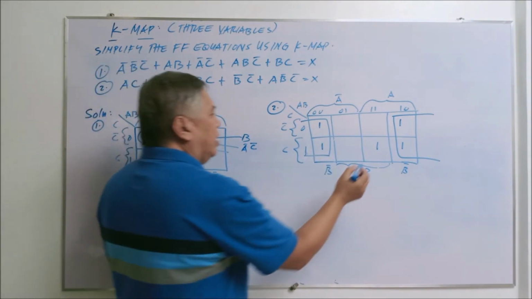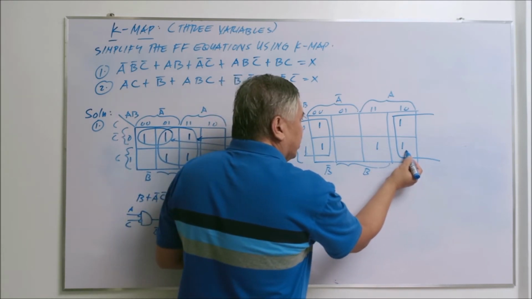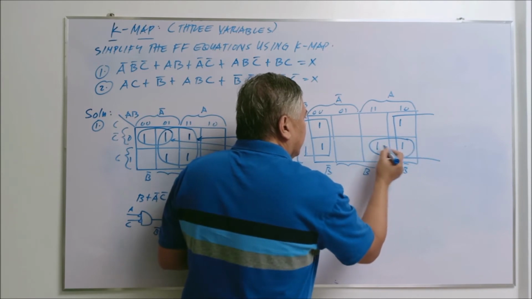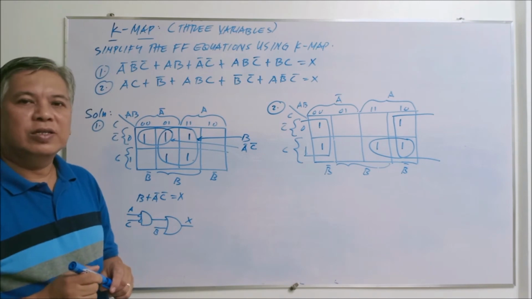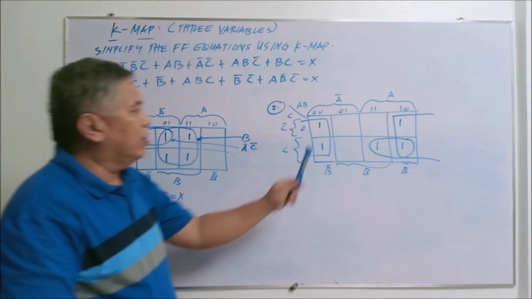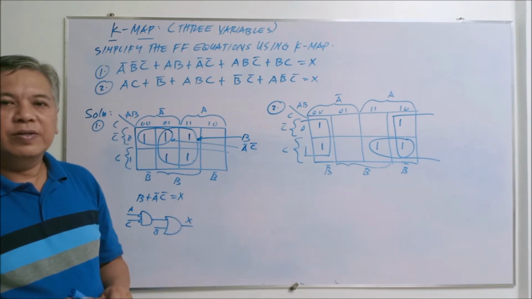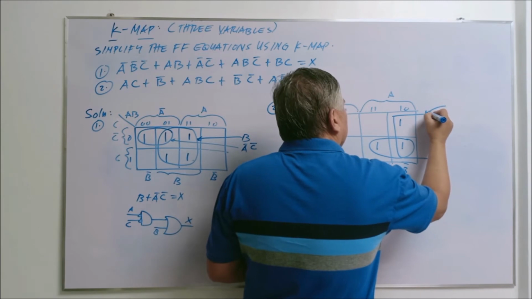And this cell here is not yet grouped, which is adjacent to this particular cell. So we use this cell here to group into this particular cell to maximize the grouping. So since all of the ones are already grouped, you stop there and then you obtain the equation.